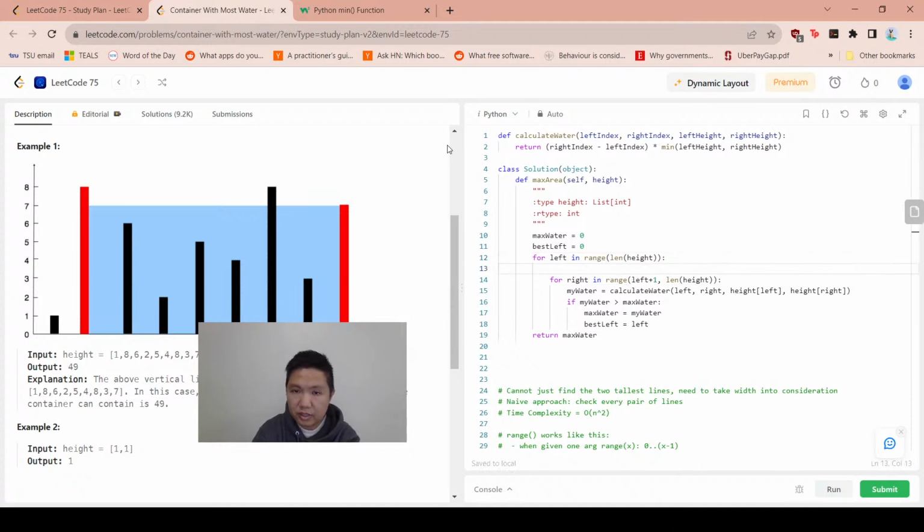So now every time, let's just go with -1.